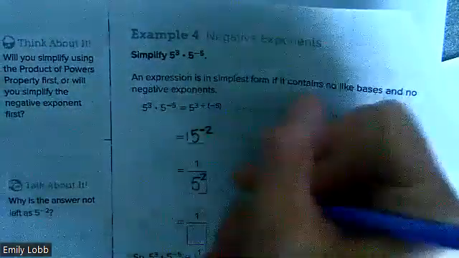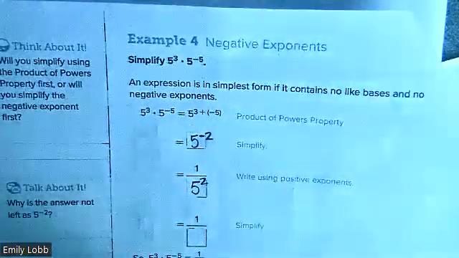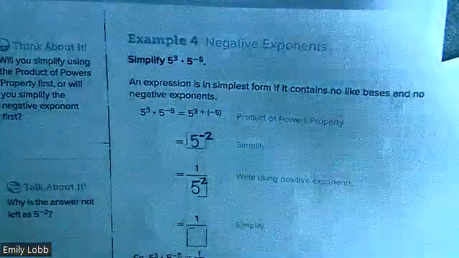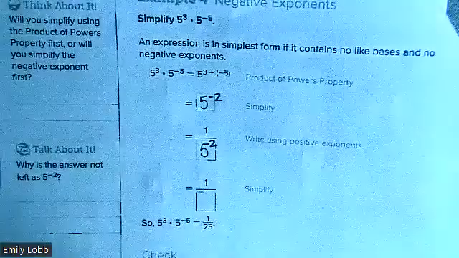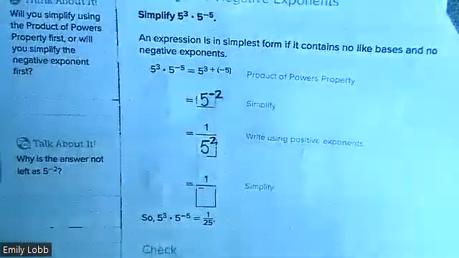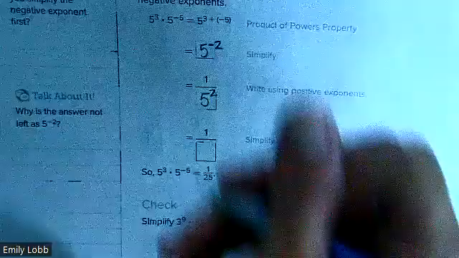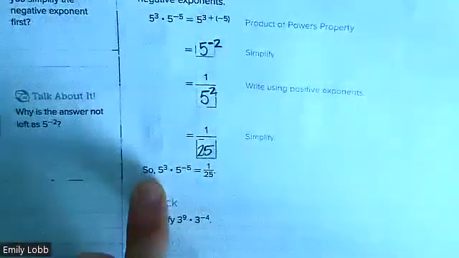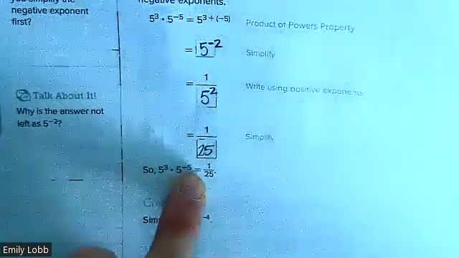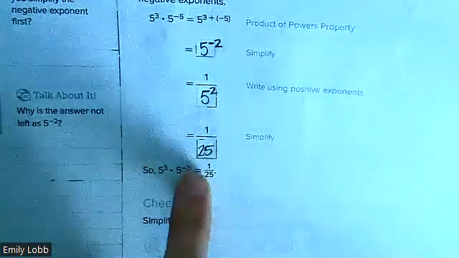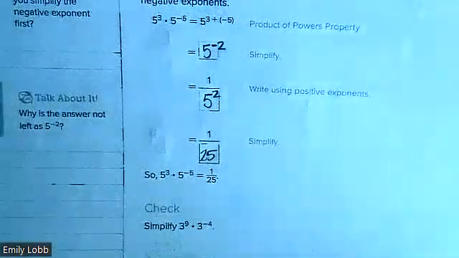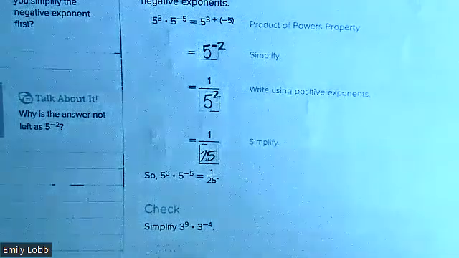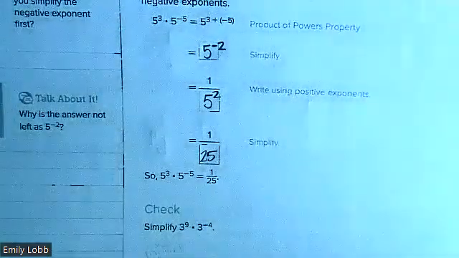So 1 over 5 squared. So this is 1/25th, right? Because 5 squared is 2 factors of 5. 5 times 5 is 25. So simplified, 5 cubed times 5 to the negative fifth is 1/25th. It took a few steps to get there, right?